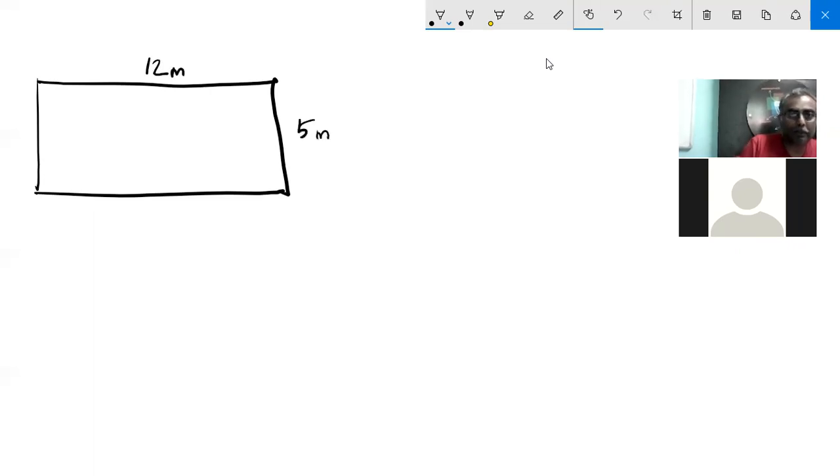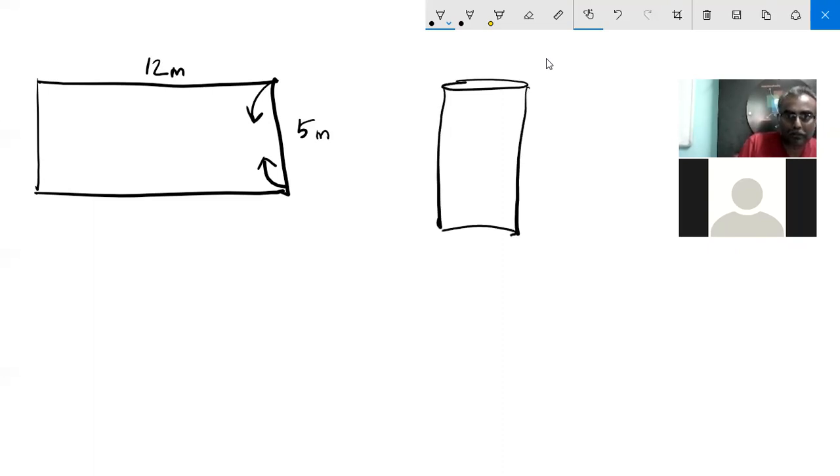If you bend it along the length, what will happen? Height will become breadth, and breadth will become height, sir. This is L, this is B. Now what will happen?